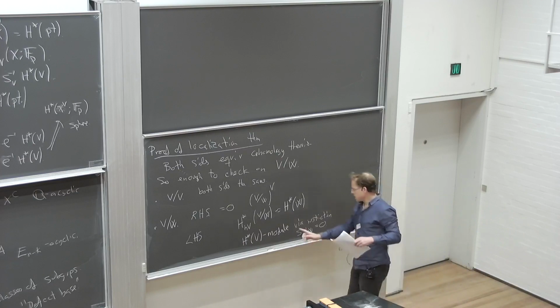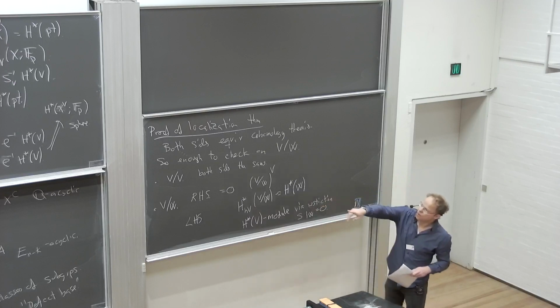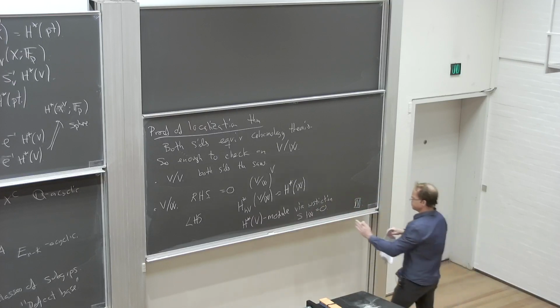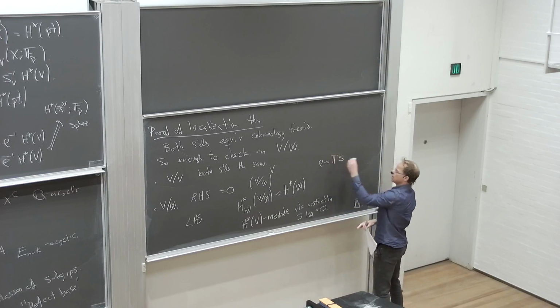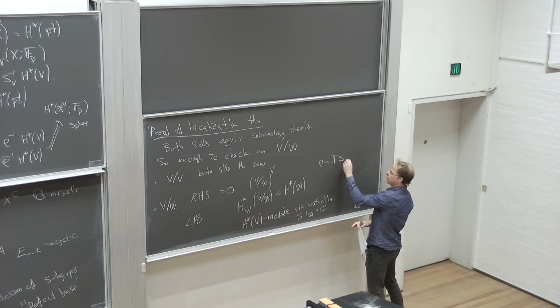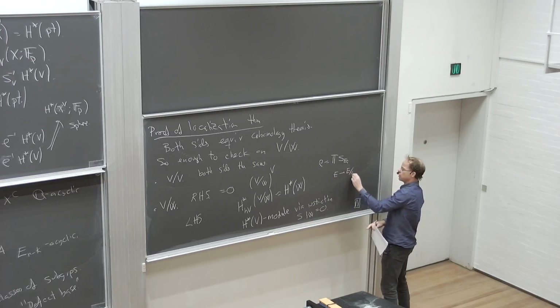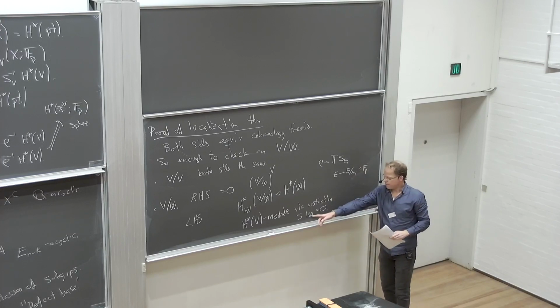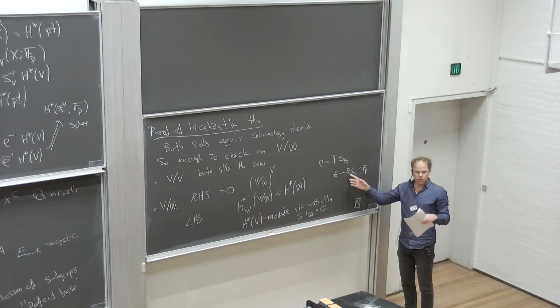I said S was this, or maybe I called it E. So E was the Euler class, which was the product of these E_i, where E_i was the projection onto E_i, which was isomorphic to F_p. And I'm saying that if one of these classes is in the sum, I will have a restriction which will be 0.